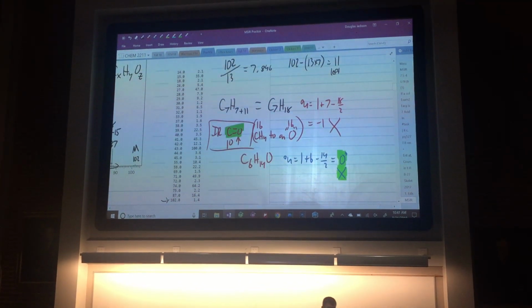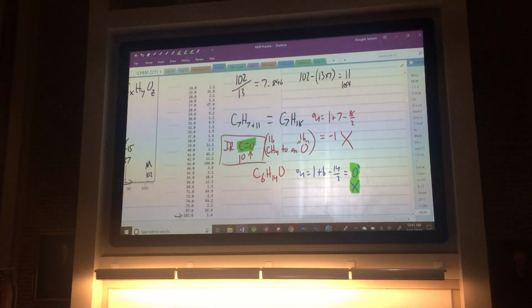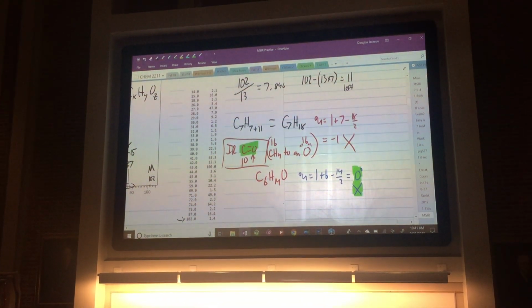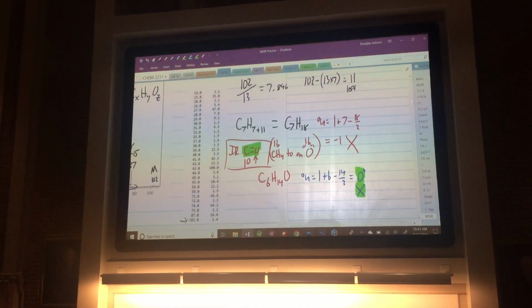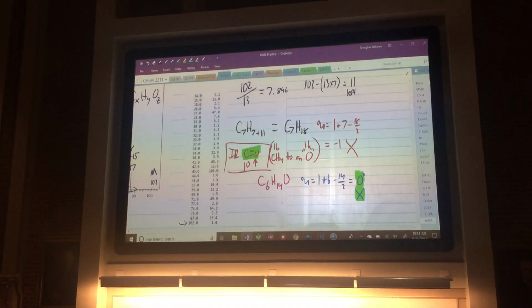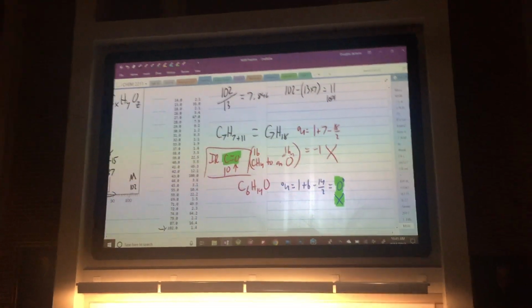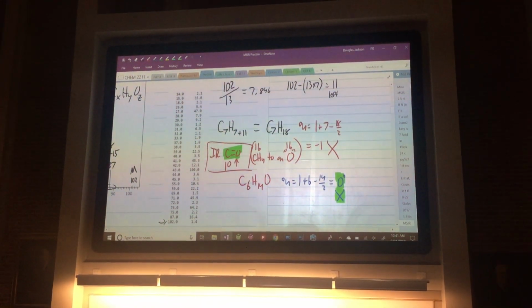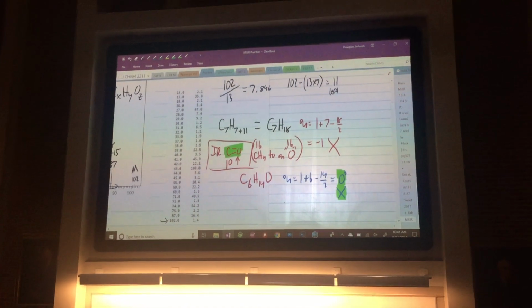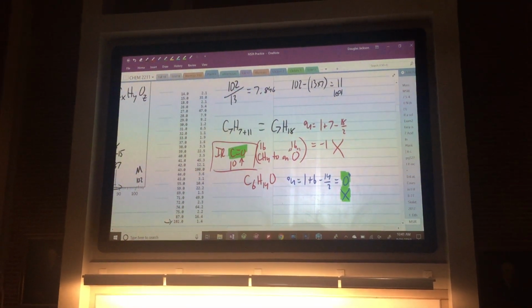In our spectrum, we saw an M-31 peak. From our ethers slides, for the M-31, the only thing we can have is oxygen plus CH3. 16 plus 15 is 31.